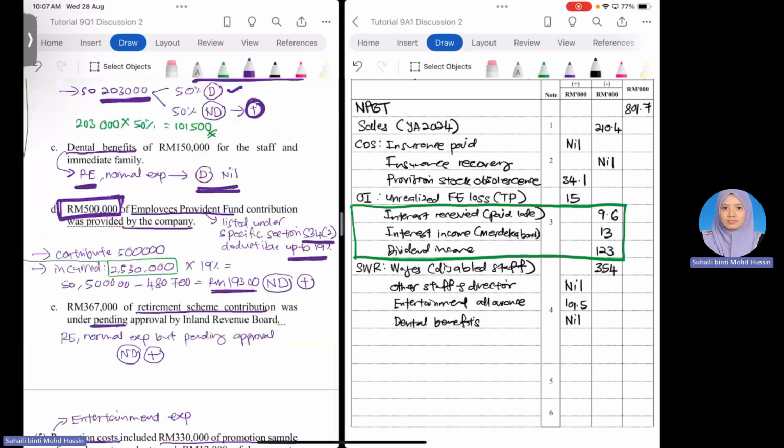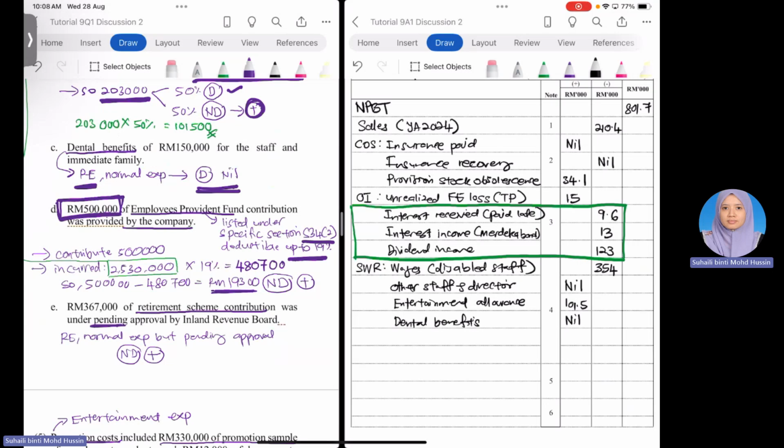So when you times 19%, you know that the contribution that the company should make is only 480,700 ringgit. So this is actually the maximum contribution that the government allowed, 480,700 ringgit. So this is the amount of 19% of the contribution that the government allowed for the deduction.